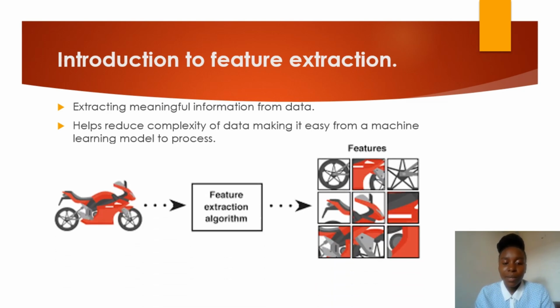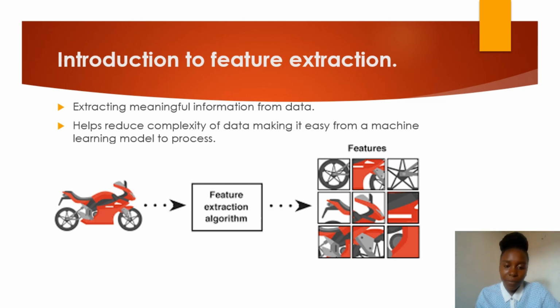Here we have an example of an image of a bike. You use a feature extraction algorithm to get the key features of this image in order for a machine learning model to learn from it.